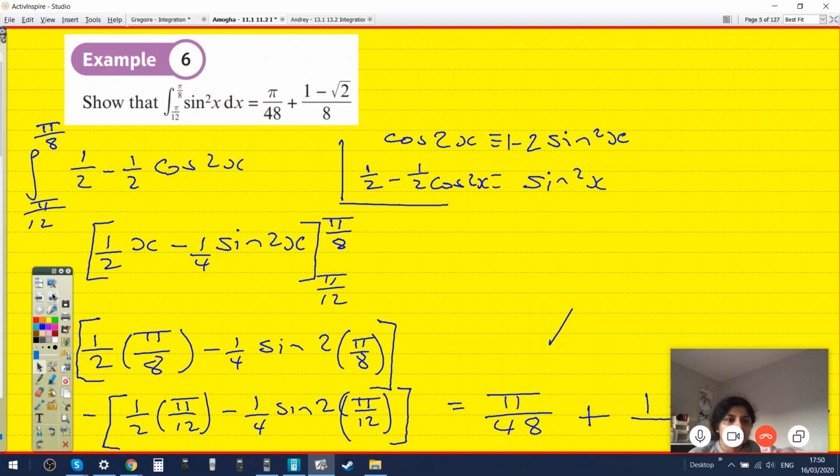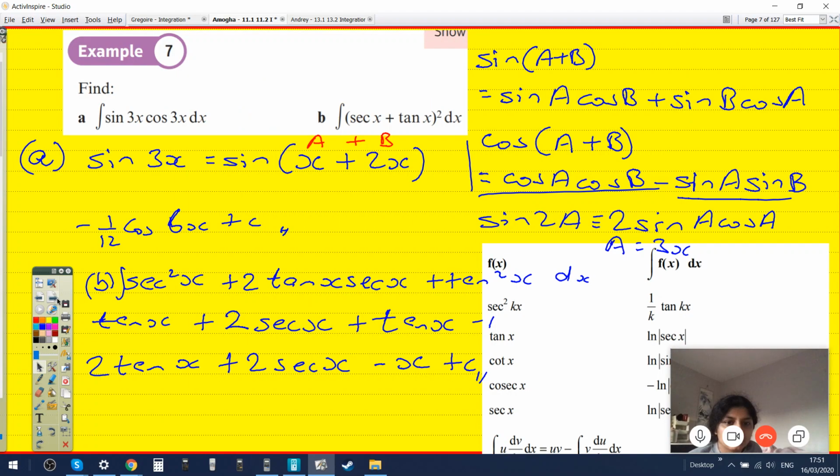And there are other possibilities, like if they wanted sine squared 2x. Well, no. Let's just stick with what they're giving us. So sine 3x, cos 3x. I was thinking it would be this thing, but it was actually the same as sine 2a.